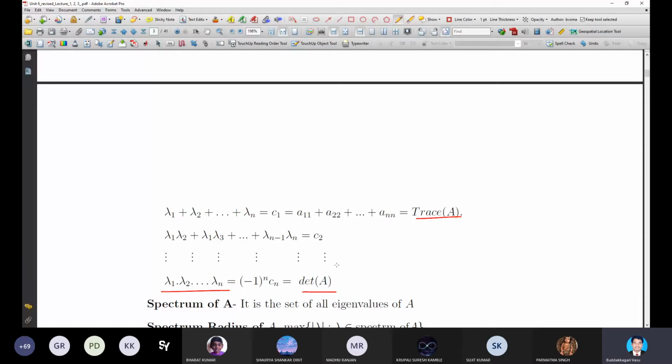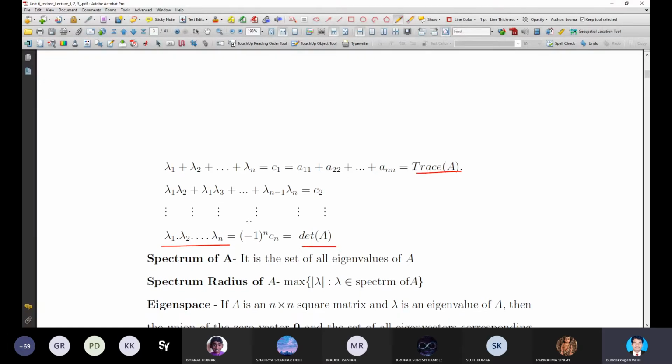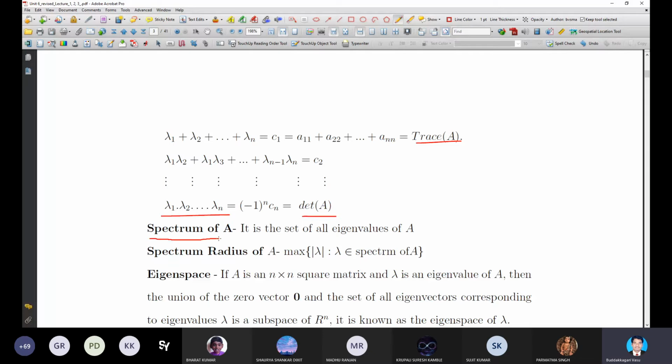Next, another definition: the spectrum of A, the set of all eigenvalues. The set of all eigenvalues of the matrix is called the spectrum of the given matrix.